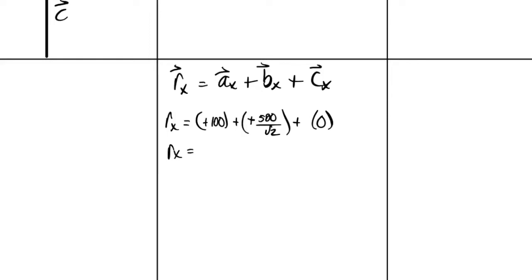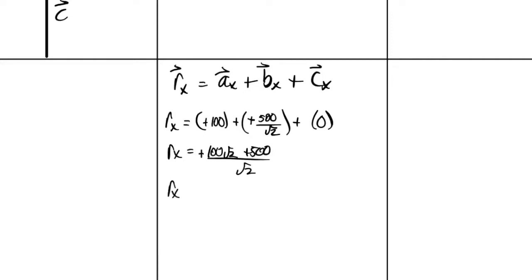Or what we can do is continue on using algebraic techniques and then find a common denominator. Well, the common denominator here would be root 2. So I'd have to multiply this 100 by root 2 over root 2. So this would be 100 root 2 plus 500 over root 2, and that makes it positive. I didn't say this is pretty, but it does prevent rounding.